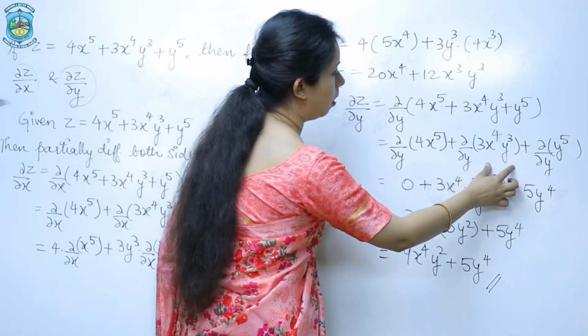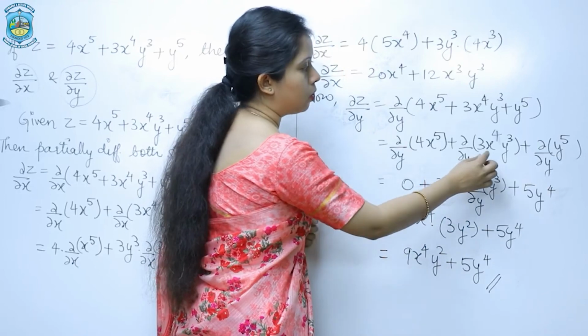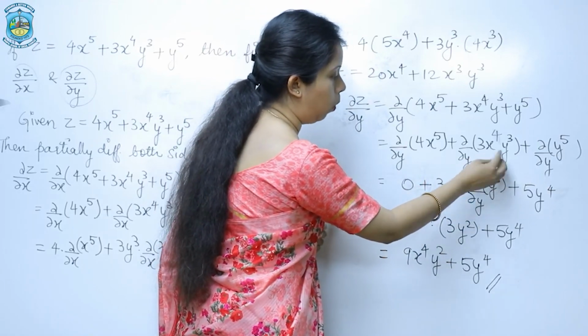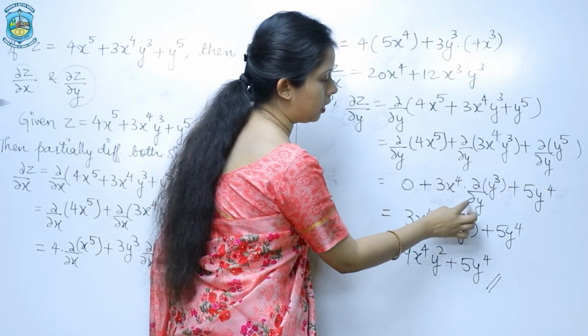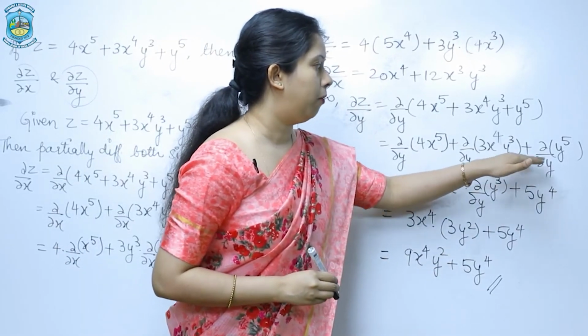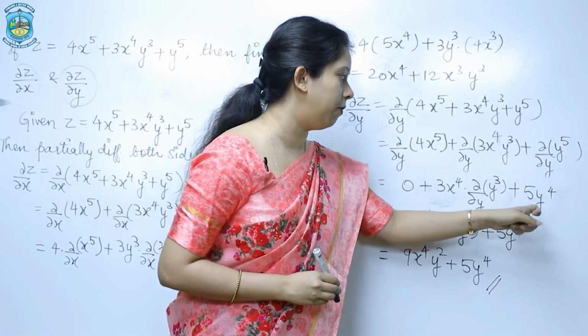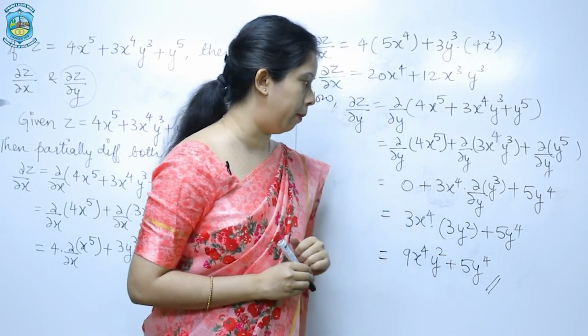And from the second term, since we are differentiating with respect to y, 3x^4 will be taken out and we differentiate ∂/∂y of y^3. And the derivative of y^5 with respect to y will give you 5y^4 by the same formula.